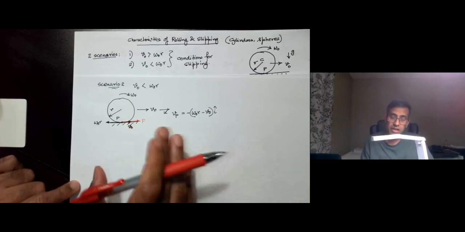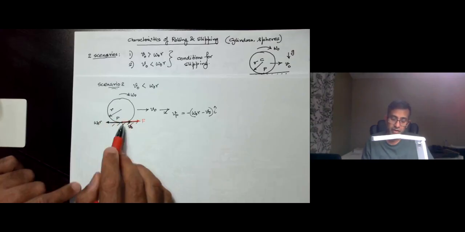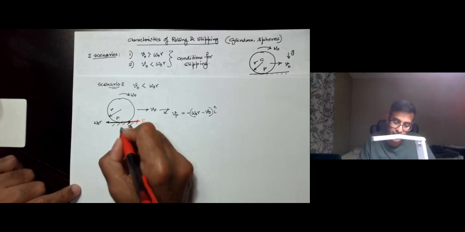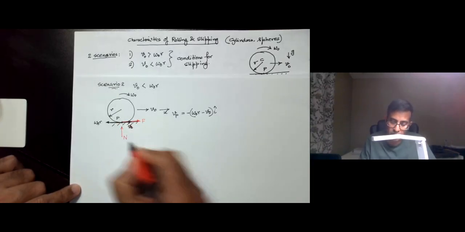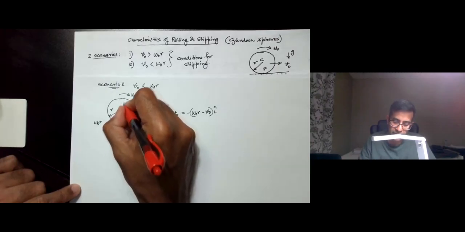So the friction tries to oppose that relative velocity and provides a force in the forward direction. The force is of course mu times the normal reaction, which we have shown by N, and there is a gravitational force mg here.